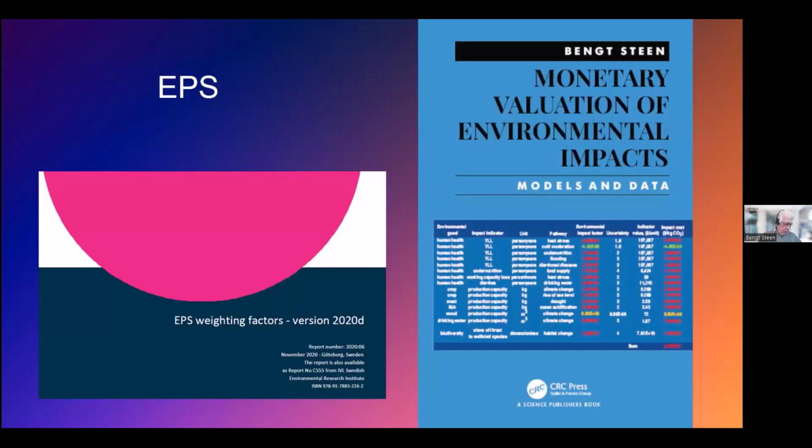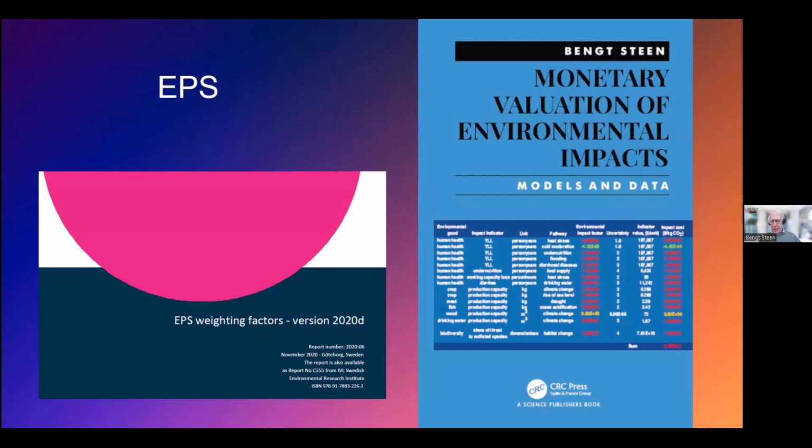And then we have our own research on the EPS, and the state of the art in EPS today is documented in a report which you can download from the Swedish Life Cycle Center, on EPS weighting factors for 2020.